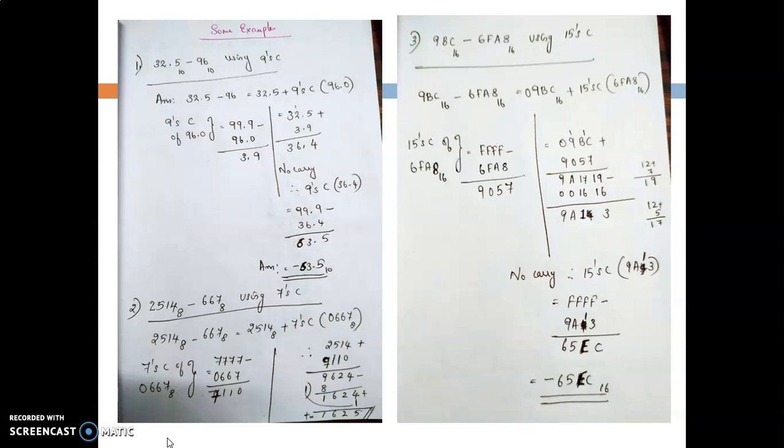So for B, you have to make the same. For the whole number part, it is 96, two digits are there, but for the fractional part, you have to specifically mention it as 0.0.